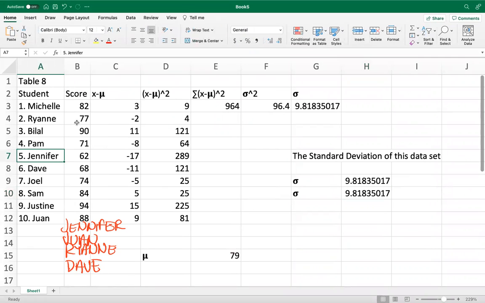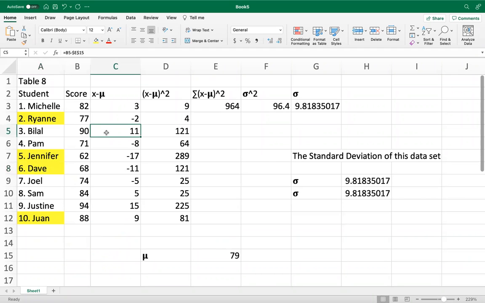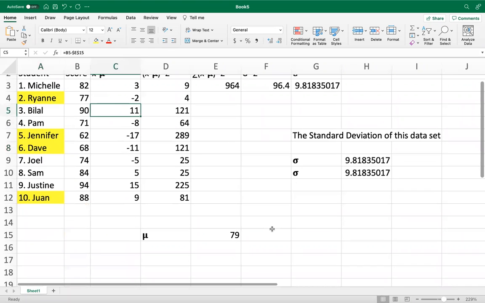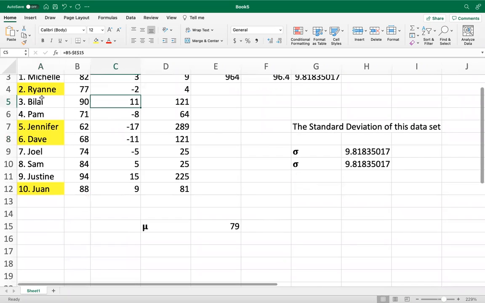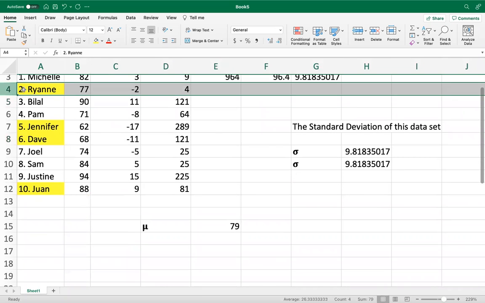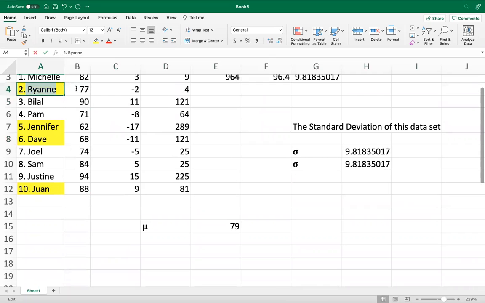Let's highlight these values: Jennifer, Juan, Ryan, and Dave. This here is going to be our sample size. We don't really care much about the rest of these. So now let's clear this out and take a look at just this data set here. Actually, just these two values.